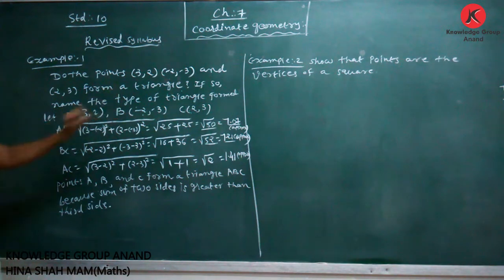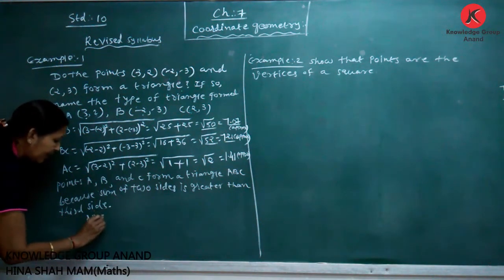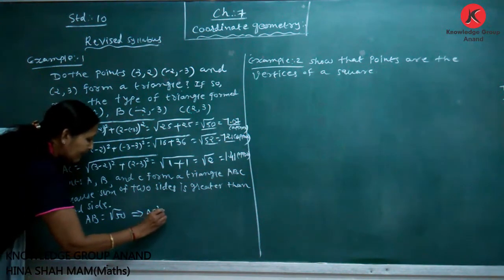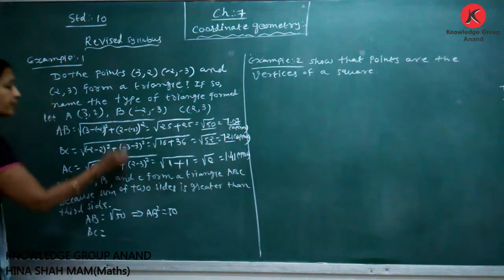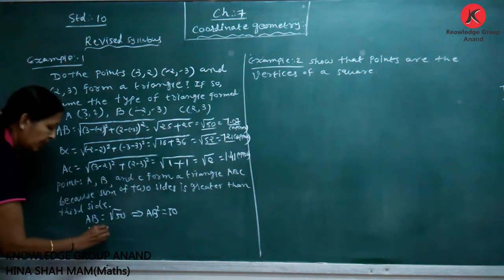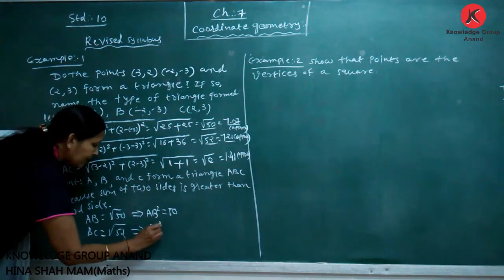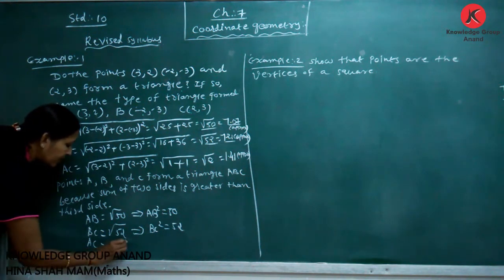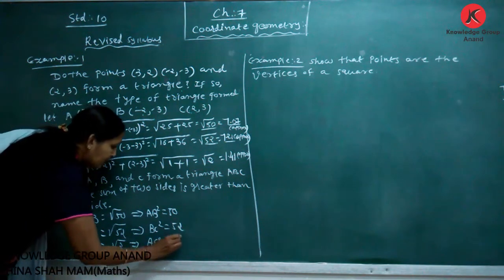If so, name the type of triangle. We find AB is equal to root 50, therefore AB square is equal to 50. BC is equal to root 52, so BC square is 52, and AC is equal to root 2, therefore AC square is 2.